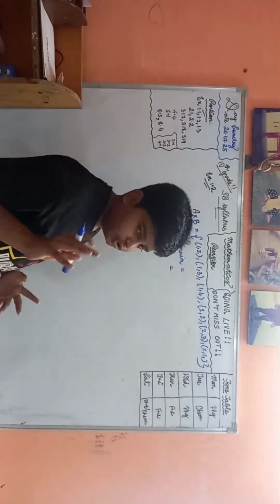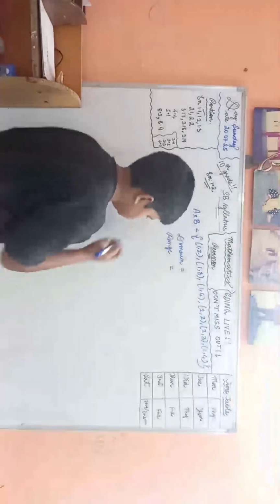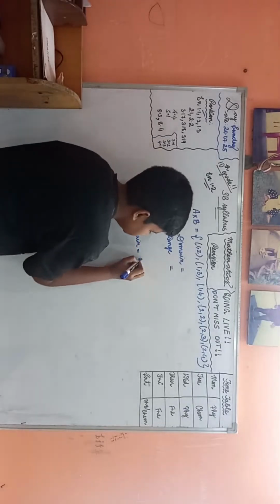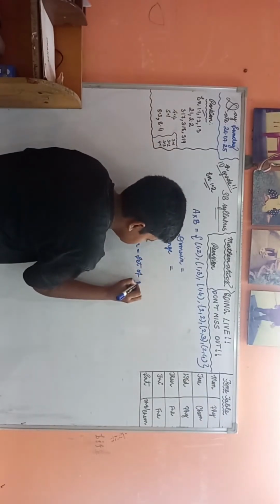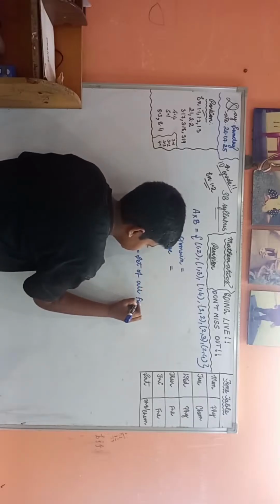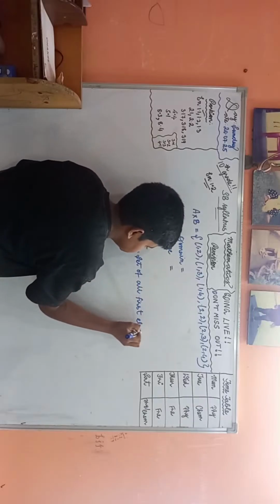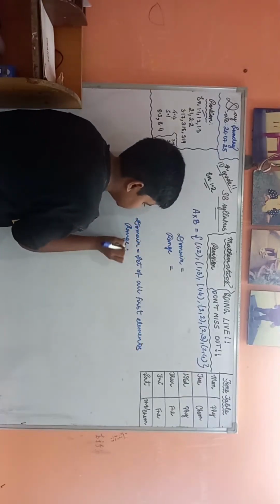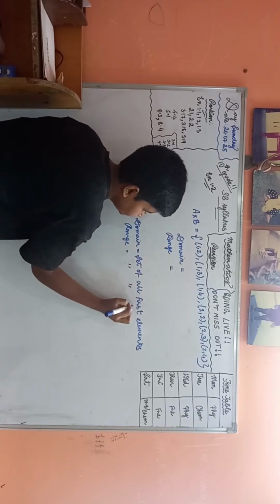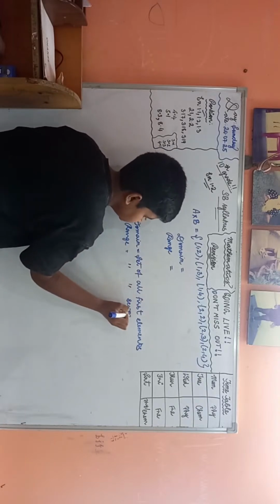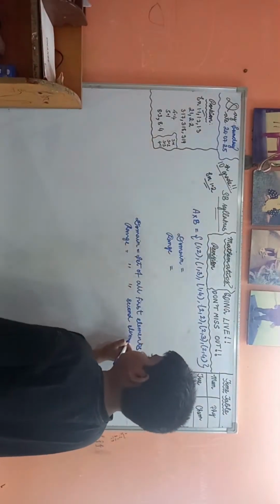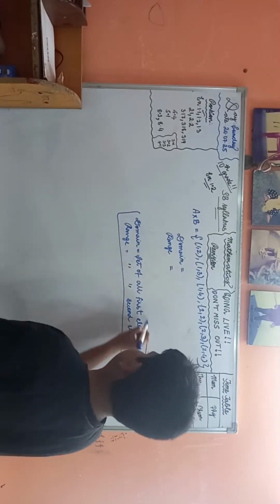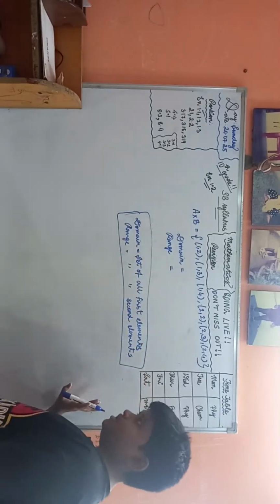Remember, guys, domain equals the set of all first elements, and range is the same thing but the second elements. This is the main thing you've got to remember. Now tell me what's the domain and what's the range.